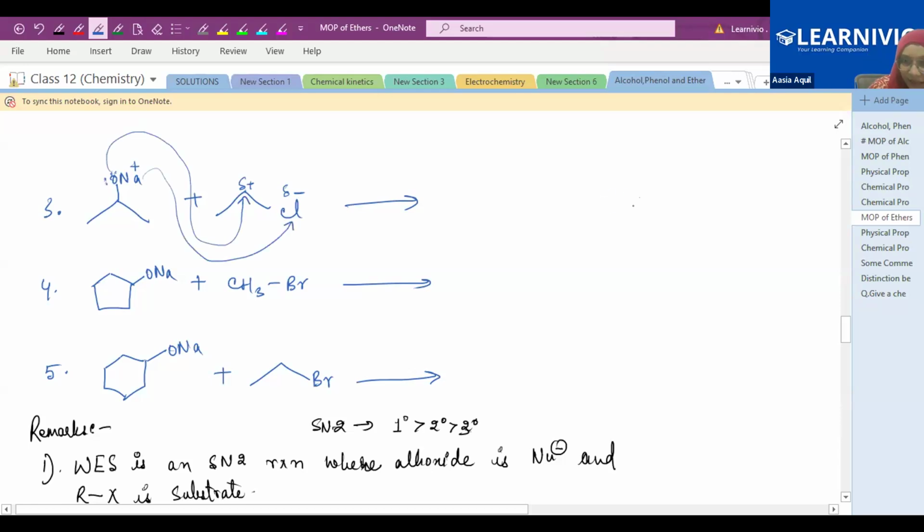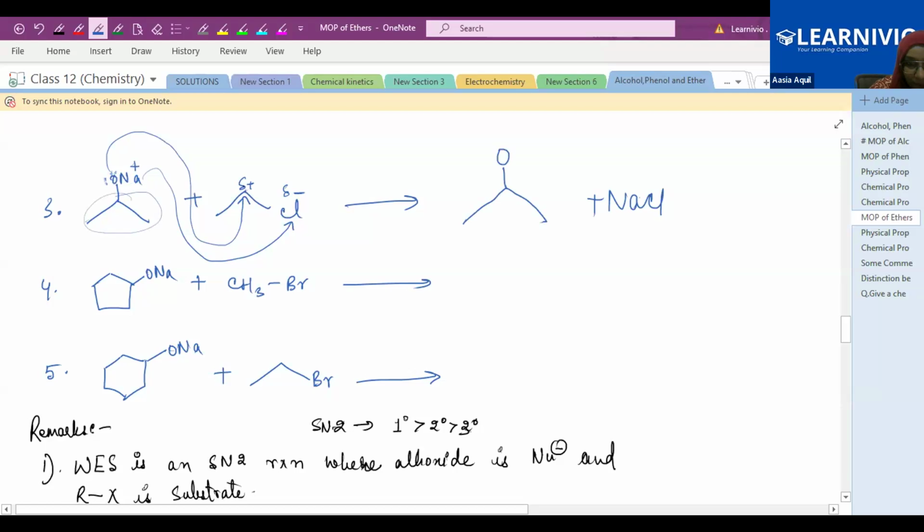So from here NaCl will be formed, salt, plus this group. This whole thing, this alkyl group I have drawn. And here oxygen, and what do you have to attach to the oxygen? This carbon will be attached to this oxygen.